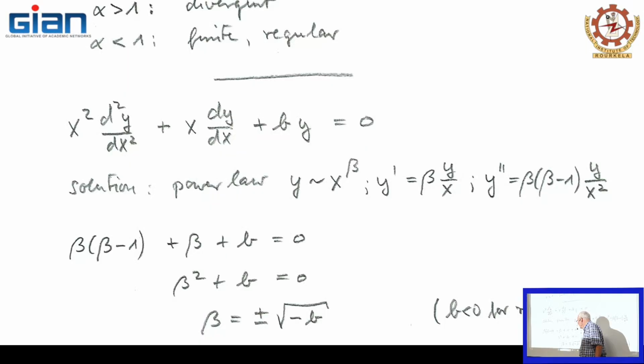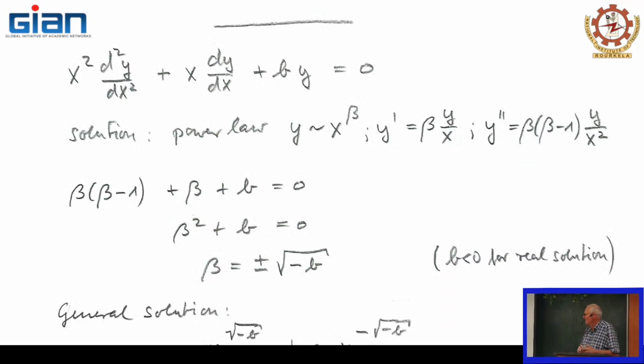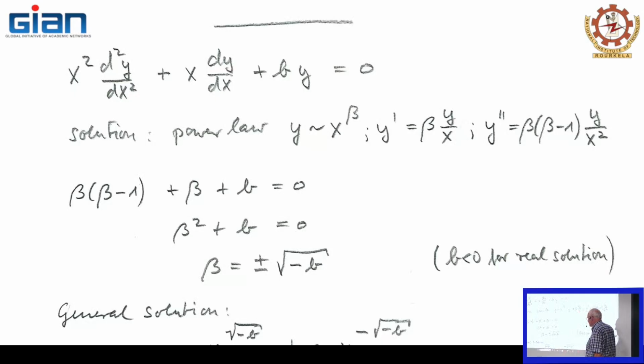You end up with beta equal to plus minus the square root of minus b. b should be smaller than unity to allow for real solutions.